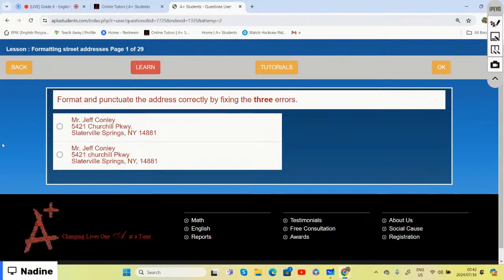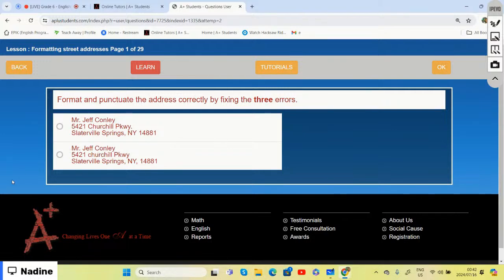All right, and if we look at the addresses, we need to look at things that need fixing. Maybe there's no abbreviation, maybe there's no punctuation. All right, and if we were to choose the correct one, format and fixing the errors by fixing three ones.